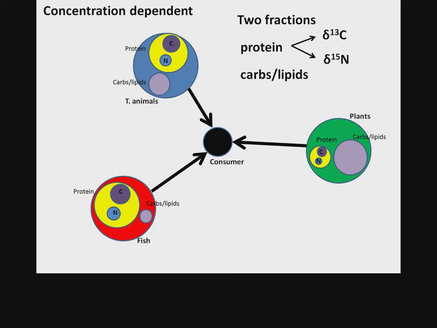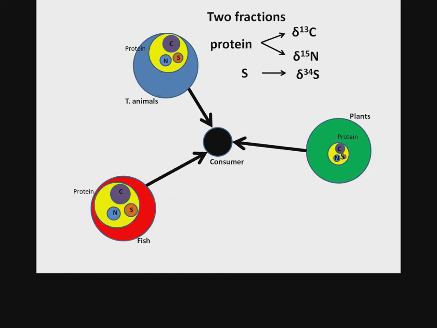Are there circumstances in which one is imposed the use of concentration-dependent models? Well, let's consider the following. That we have before our protein fraction, but now we are using an additional proxy measured in the consumer, the sulfur isotopic signal, which of course will be determined by the sulfur fraction within the protein of each food group.